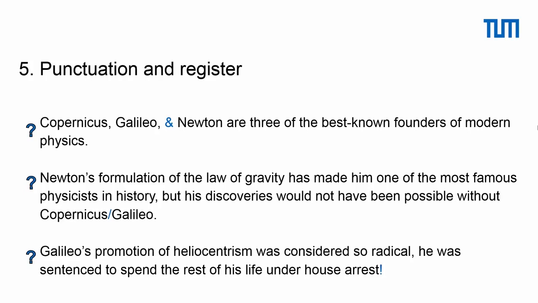If you are bothering to write a long, beautiful, polished academic text, you might as well take the time to write the word and. In the case of the third sentence, the exclamation point just makes the sentence sound a little bit too dramatic. It's possible that there are places in your text where you will want that kind of drama, but it's unlikely that this is something that will come up, and you should certainly try to be sparing with your exclamation points if you use them at all.